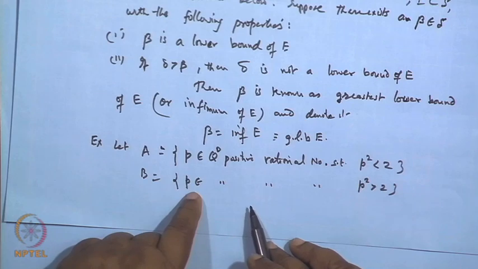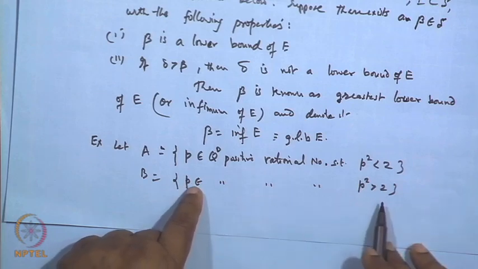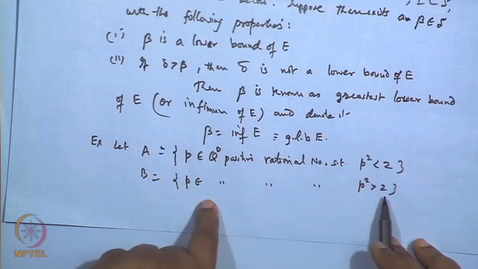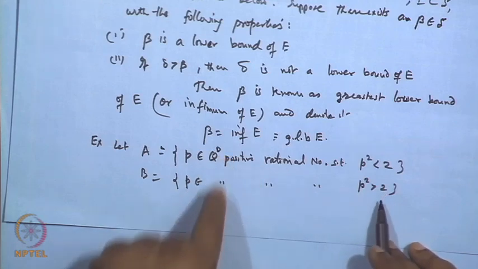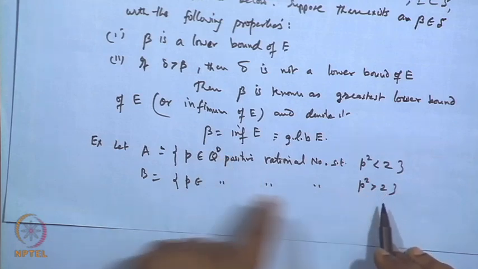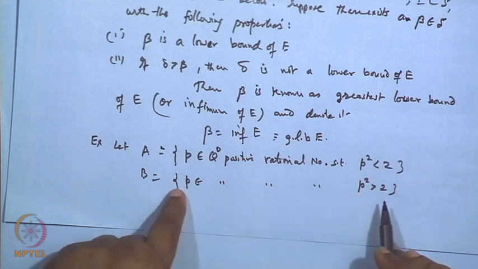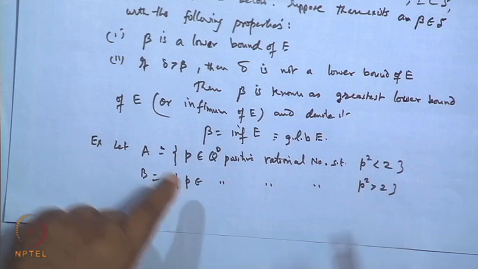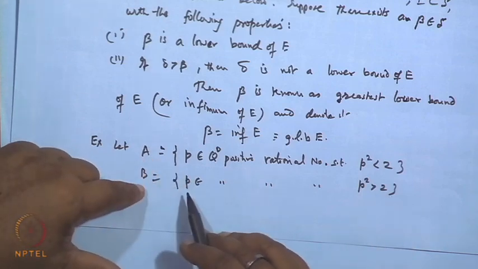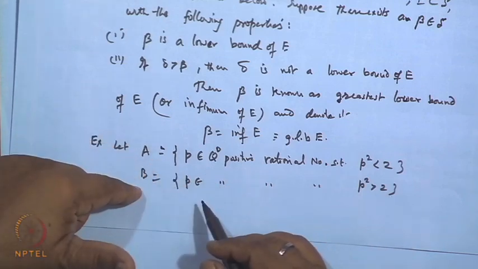Similarly, B has lower bounds: all the elements of A behave as lower bounds, plus all rational numbers which are negative or 0, but neither A nor B has a least upper bound or a greatest lower bound.